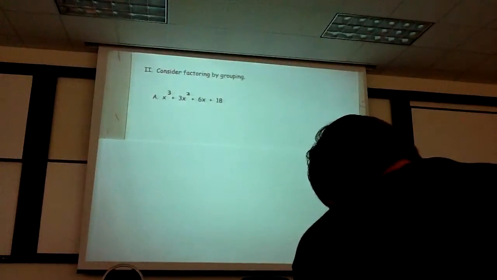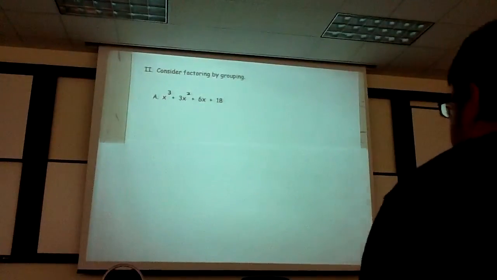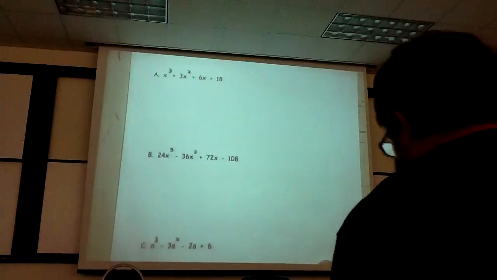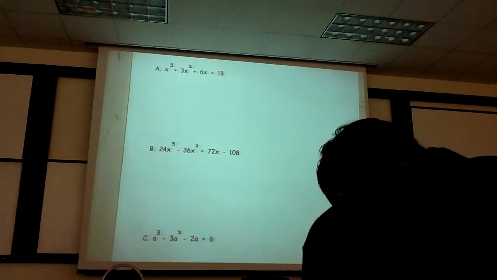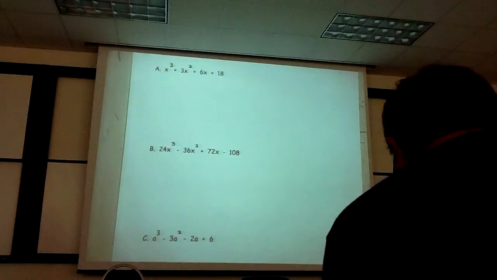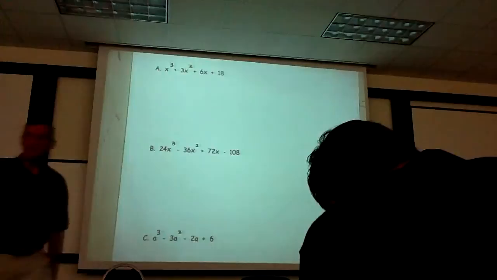And you need to look for the telltale signs that indicate you're going to use factoring by grouping. Let me show you the 3 examples. What do you notice about each of those examples? What do they have in common? They have 4 terms. Did you notice that?